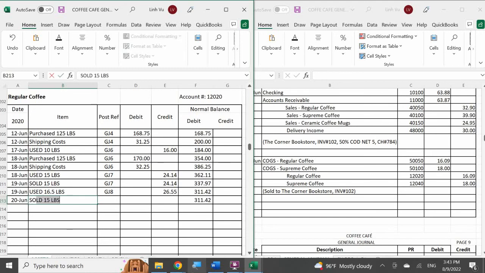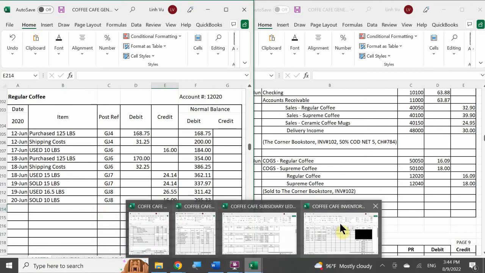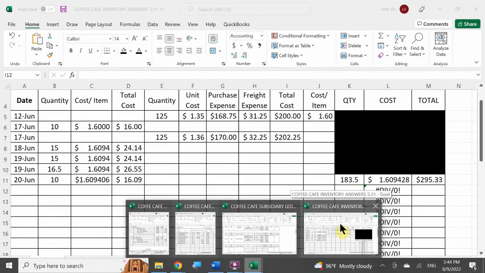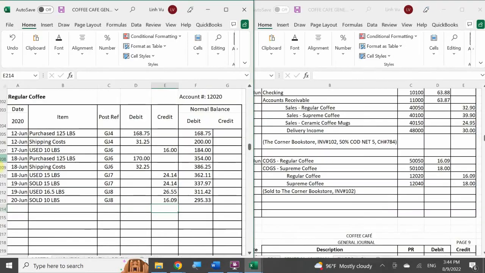Sold 10 pounds. Page 8. $16.09. Okay, giving you $295.33. Let's just double check my inventory worksheet. $295.33. Yes. Right.